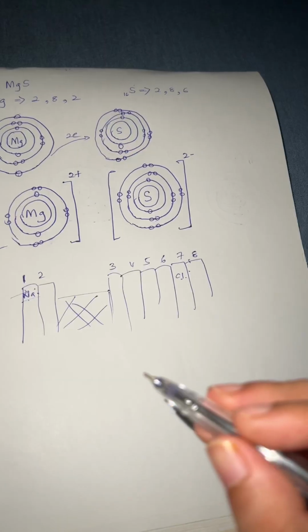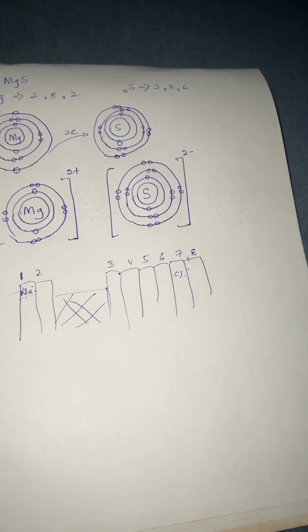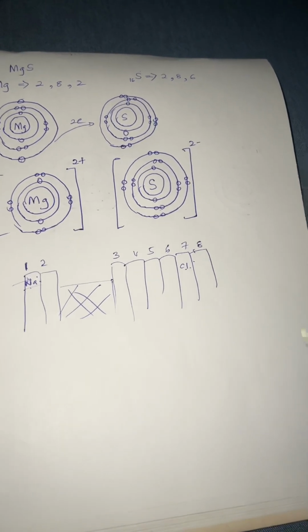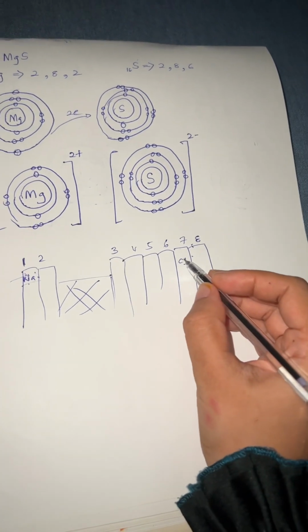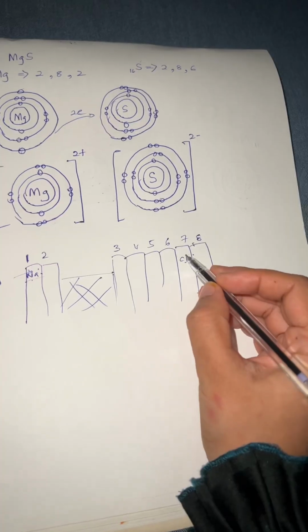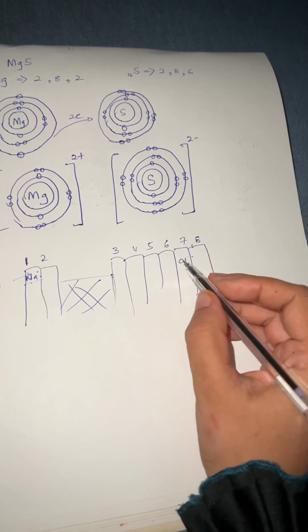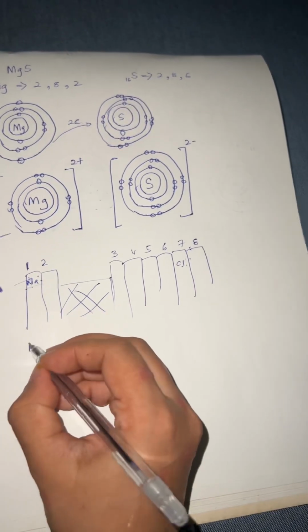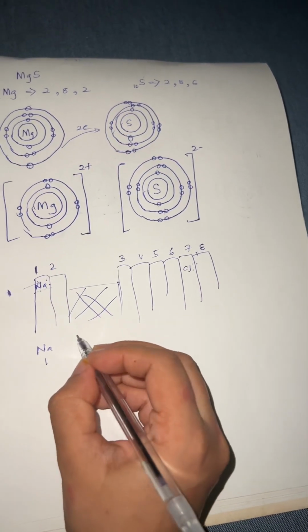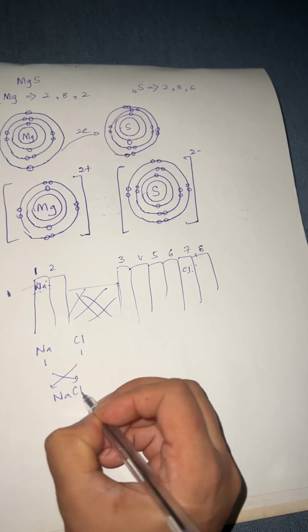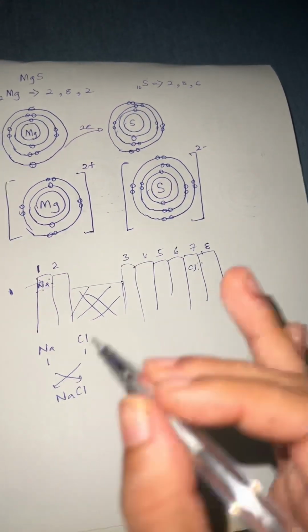How many electrons it can lose, gain or share, that is how many it can hold, will give its valency. I will talk about valency in another topic, not here. The valency of sodium is 1, the valency of chlorine is 1, so we cross it over. We'll talk about this in detail in another video.